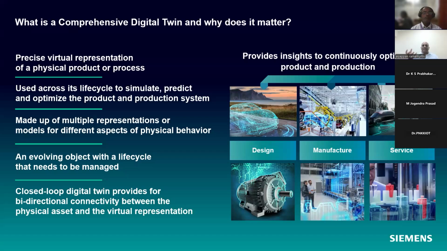Then the data needs to actually feed into the physics model. So this physics model helps to optimize the process parameters, so that your product is optimized. So how are these multiple representations interrelated?